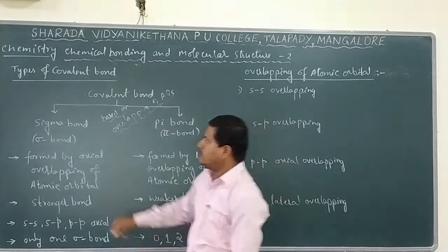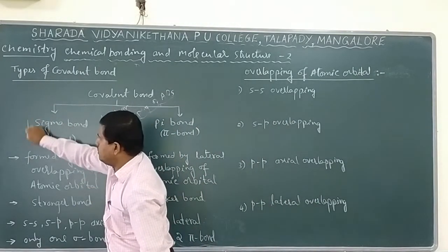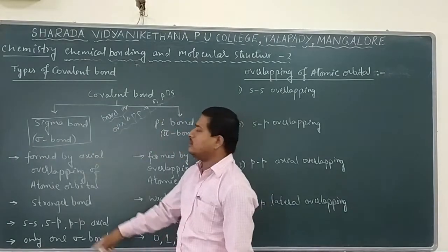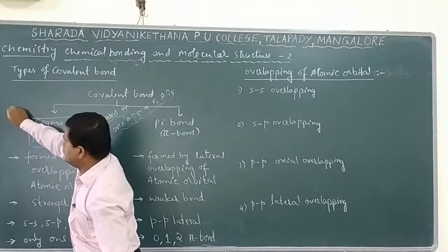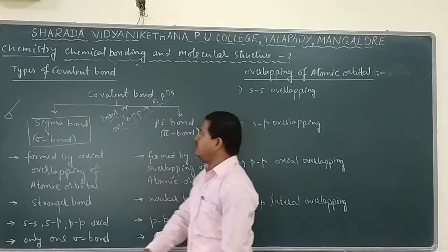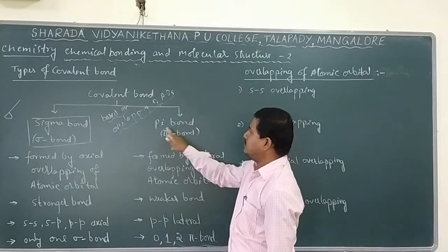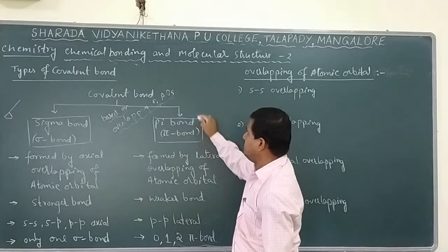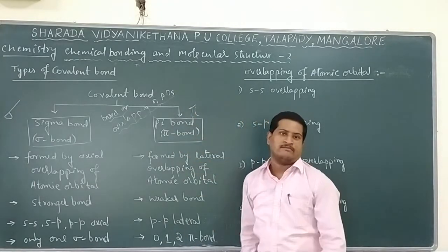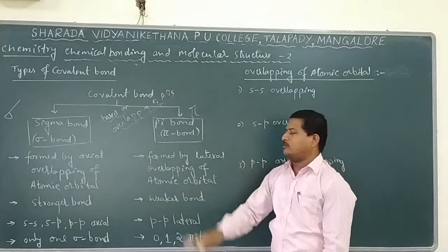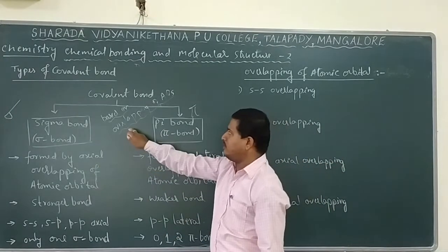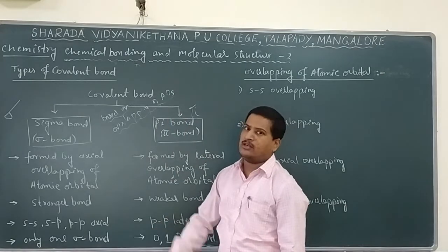This classification is mainly done based on the overlapping phenomena. The first is called a sigma bond. Symbolic representation is sigma. Another one is called a pi bond. Symbolic representation is pi. Okay. So pi bond and sigma bond are the 2 important types of covalent bond that are classified based on the overlapping of atomic orbitals.